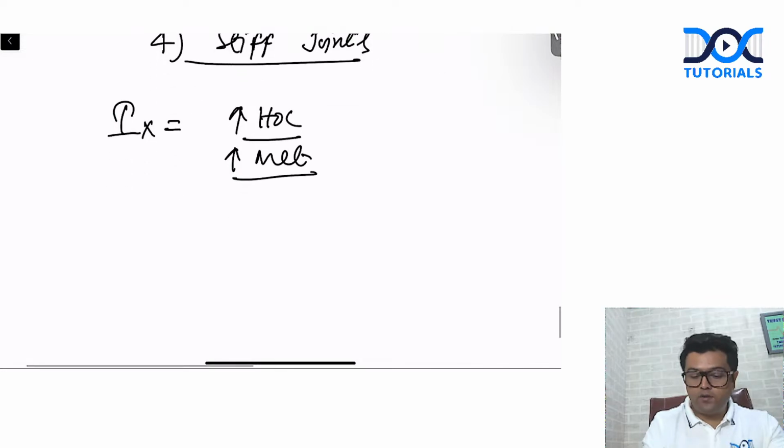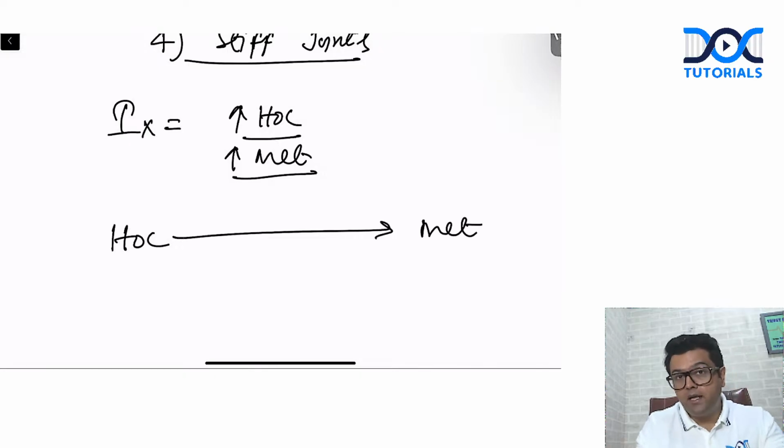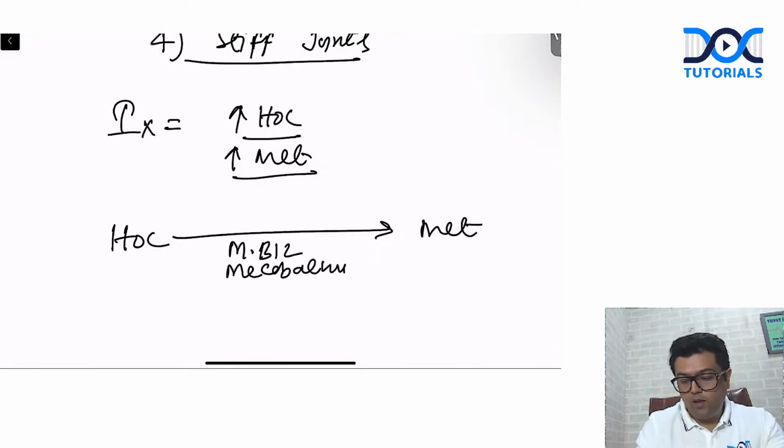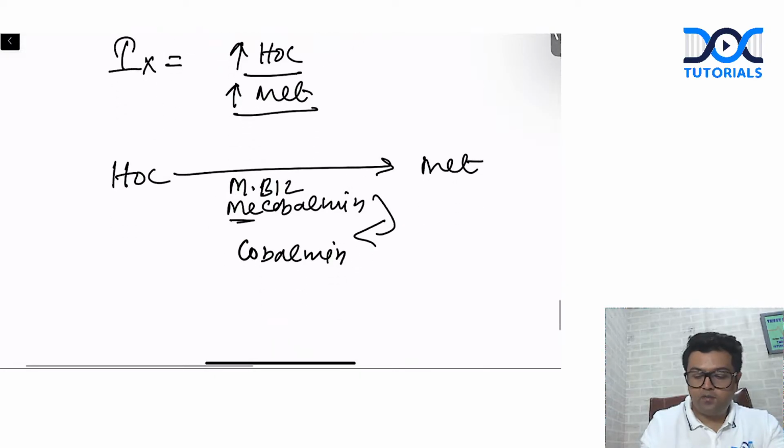But guys, there will also be an increased level of methionine. Why? Because homocysteine converts easily into methionine by the remethylation process. This remethylation is done by methylcobalamin, methyl B12, which I also call mecobalamin. That converts into cobalamin because it has lost its methyl group.